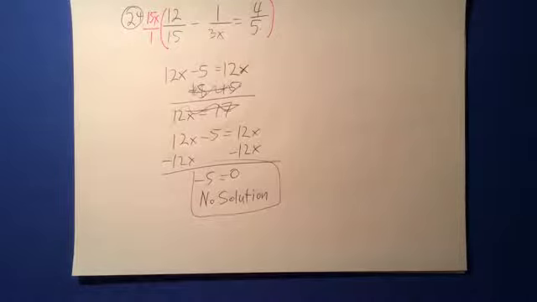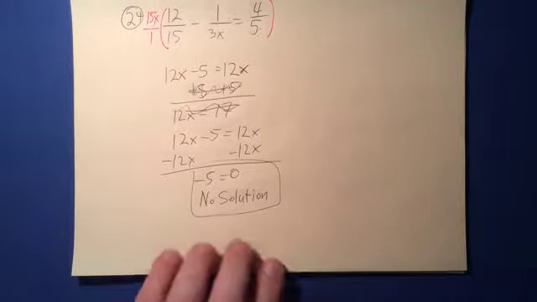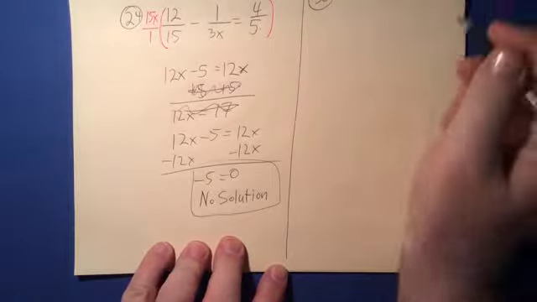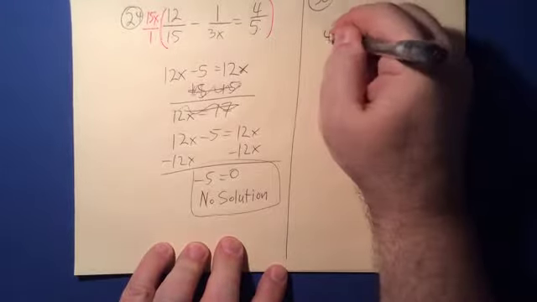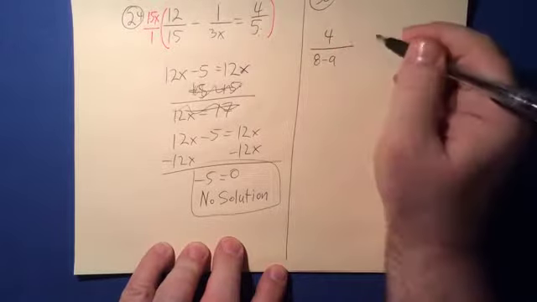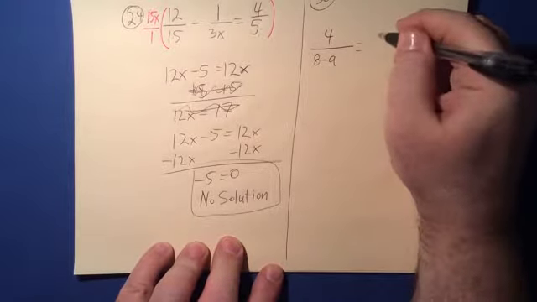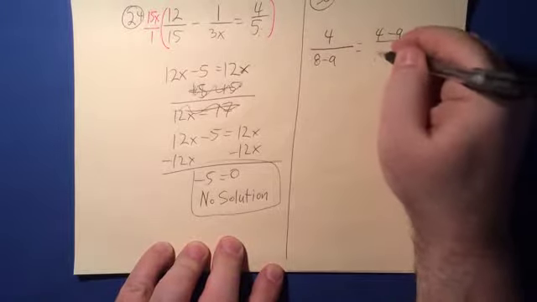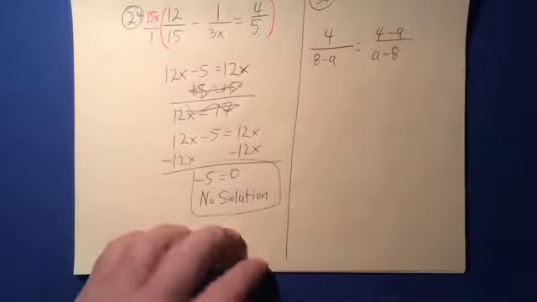So 24 is an equation that has no solution, and you may see this come up, in fact, a little later. Let's go ahead and take a look at question 30, another similar example of this. So here we have 4 over 8 minus a equals 4 minus a over a minus 8.